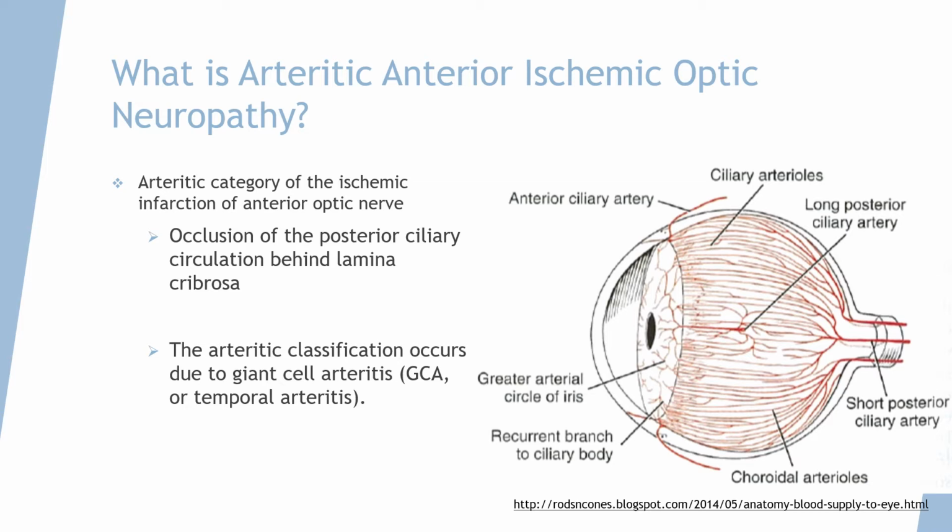There's an occlusion of the posterior ciliary circulation, which feeds the anterior optic nerve, and this is behind the lamina cribrosa of the optic disc. The arteritic classification is due to the giant cell arteritis that occurs. So with giant cell arteritis or temporal arteritis, you'll get scalp tenderness, jaw claudication or tiredness from using the jaw repeatedly over a long period of time, and also temporal pain.